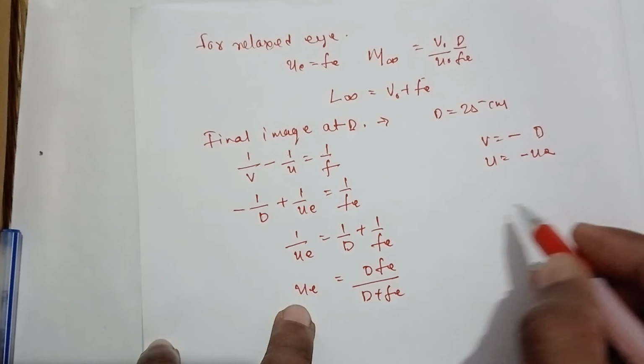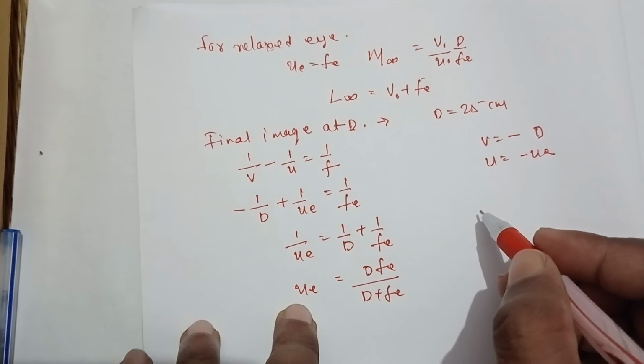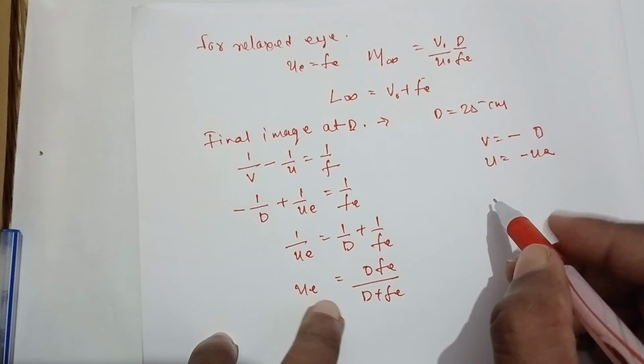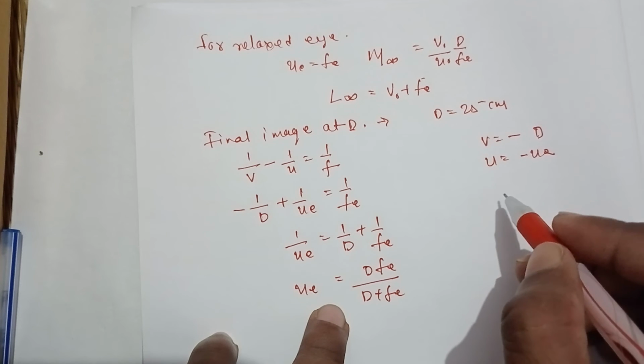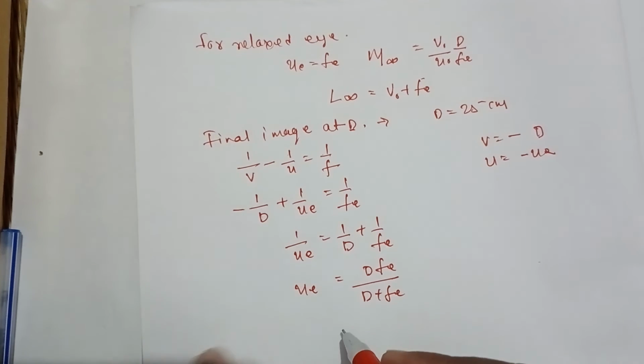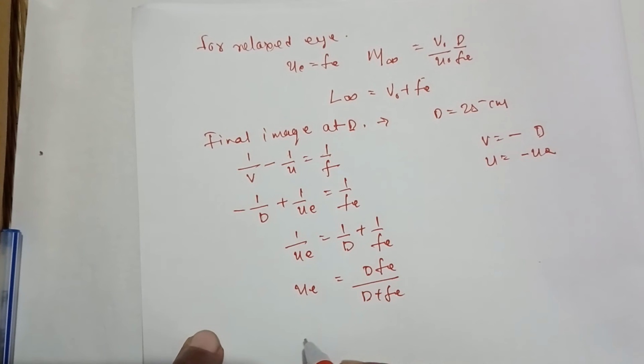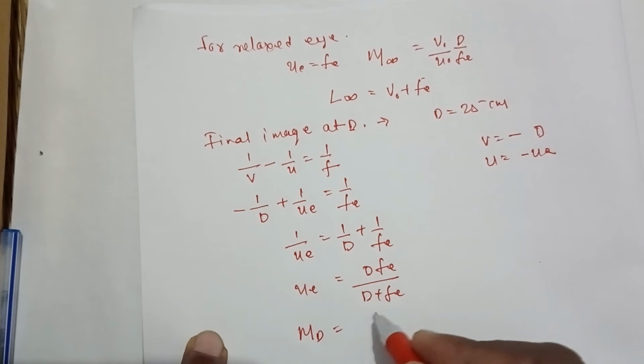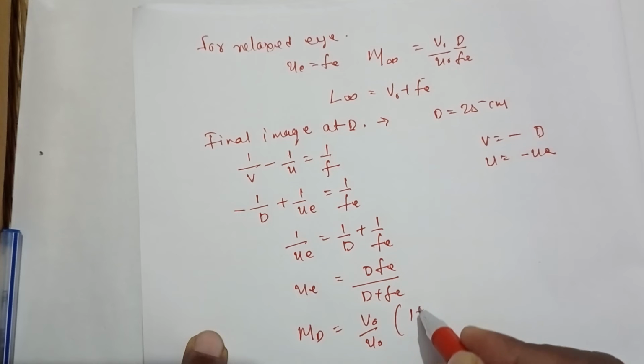So the magnifying power M D, you can rewrite as V naught by U naught into 1 plus D by Fe.